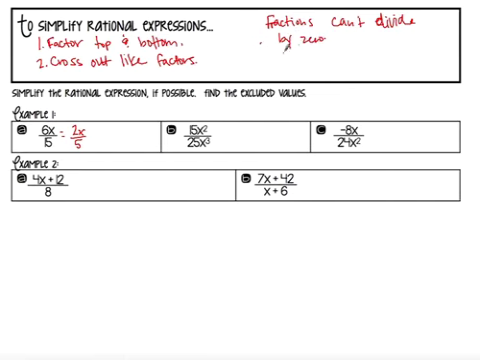That basically means we can't have 0 on the bottom of a fraction. So when we talk about excluded values, these are going to be values that make the bottom equal 0. And so I don't have to worry about that for example 1, because I don't have to worry about this 15 ever becoming a 0, because there's no variable there.